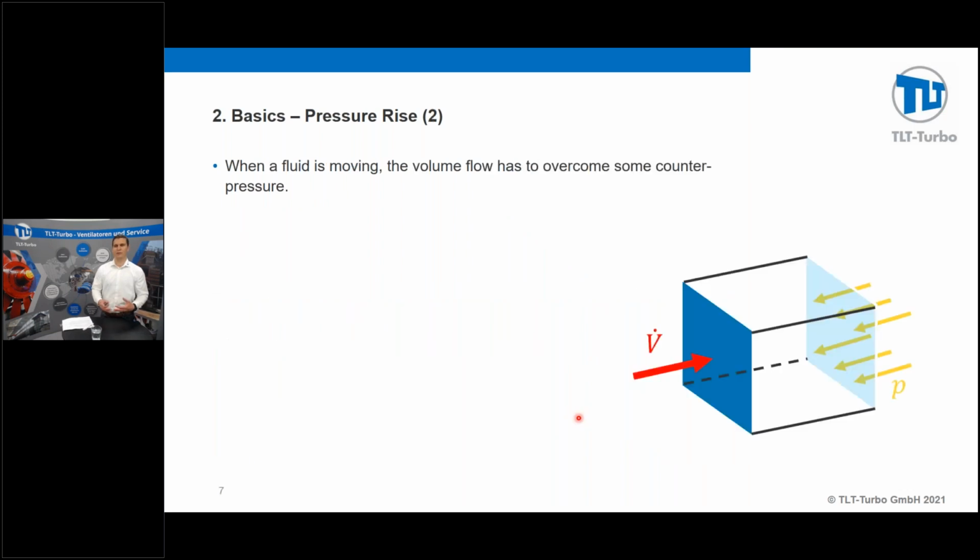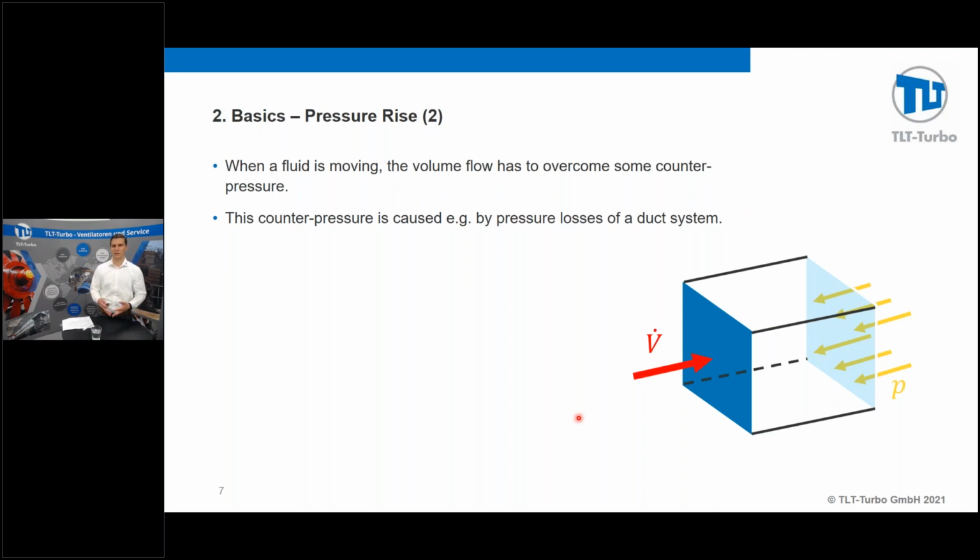Well, when the fluid now is moving through a duct system and the fan is trying to convey this volume flow rate, the fan would recognize on this discharge side that there's a kind of counter pressure, which makes it hard for the fan to convey this volume flow. So this counter pressure is caused by pressure losses in the duct system.